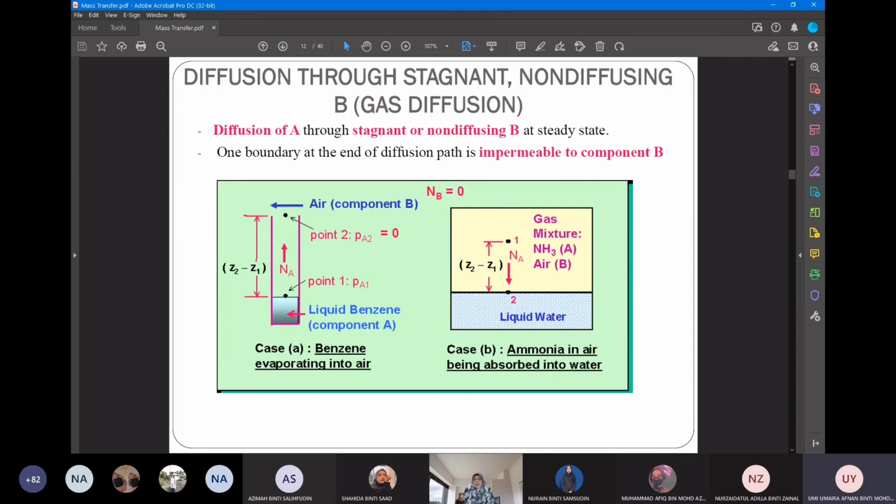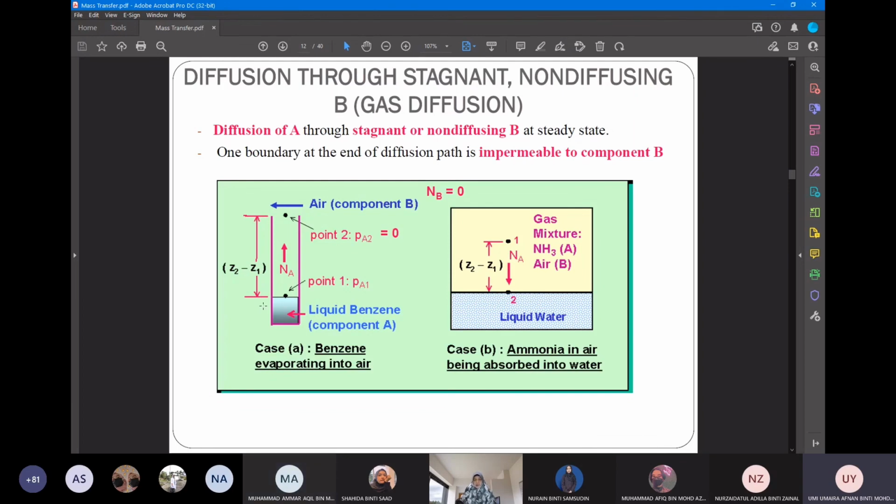Next, you go for diffusing A, non-diffusing B. These are the components that you're talking about, in a tube. Then make sure that the total flux of B is equal to 0 because B is non-diffusing.